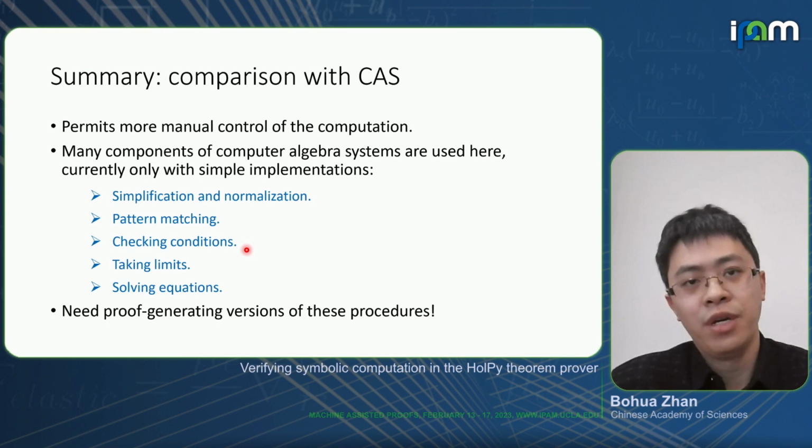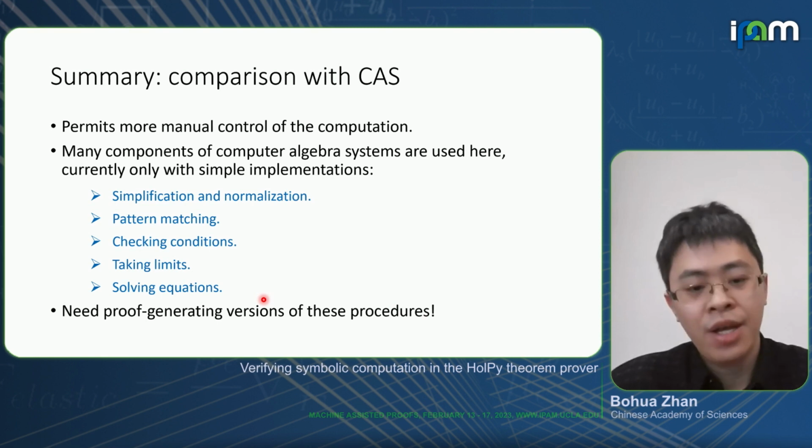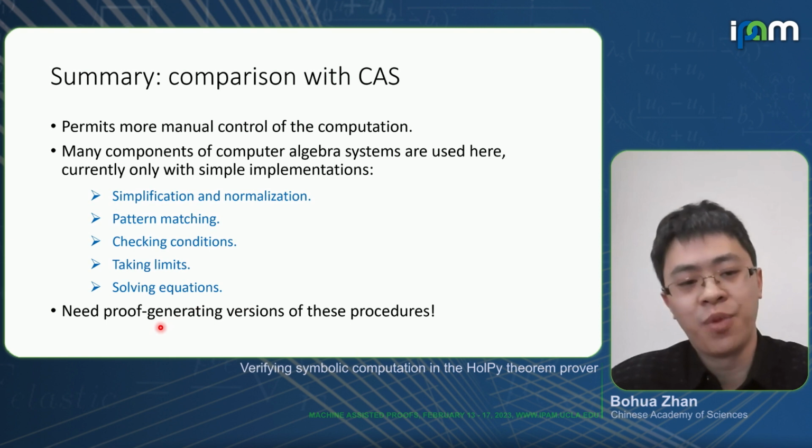So certainly, if we incorporate the full versions of this functionality from computer algebra systems, this would potentially significantly improve the level of automation in our tool. And of course, if we want to generate proofs from these procedures, it is important to have proof generating versions of these procedures available.